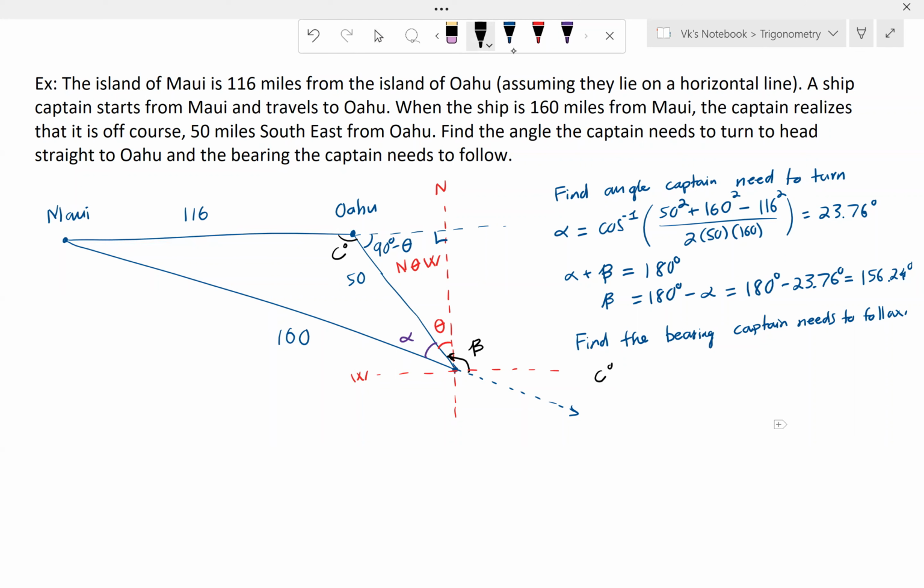C is the same thing here. Use the law of cosines, so that would be arccosine of 50 squared plus 116 squared minus 160 squared over 2 times 50 times 116.